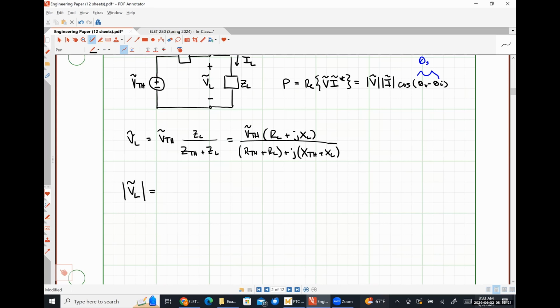To find the magnitude of this, it might blow your minds that it's this simple. I'm simply going to take the magnitude of each constituent part because they're all complex numbers and then multiply things together. The magnitude of the Thevenin voltage is just literally the magnitude of the Thevenin voltage, whatever that happens to be.